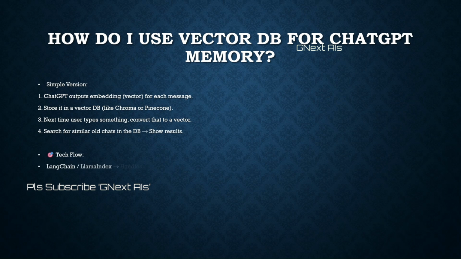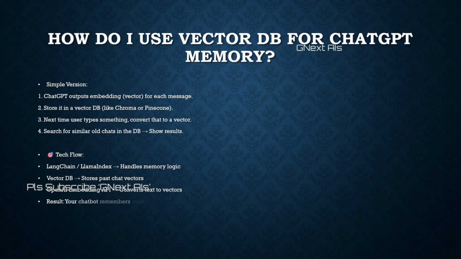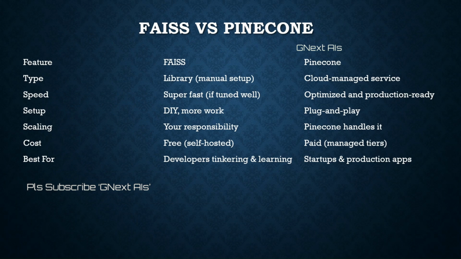So how does the tech flow work? LangChain or LlamaIndex handles memory logic. The vector DB stores past chat vectors. Then the OpenAI embedding API converts text into vectors. As a result, your chatbot remembers what was said before, even across sessions.